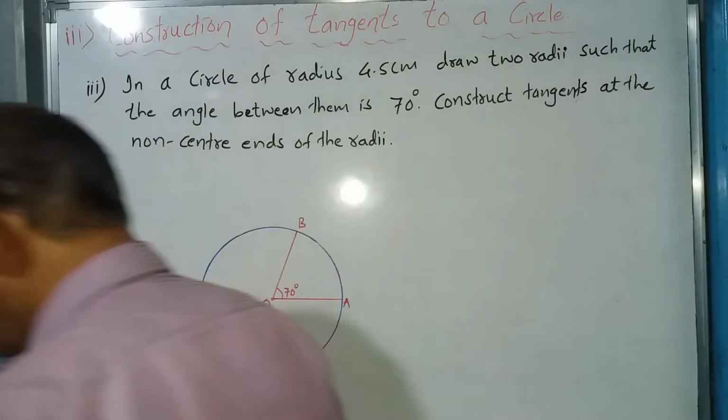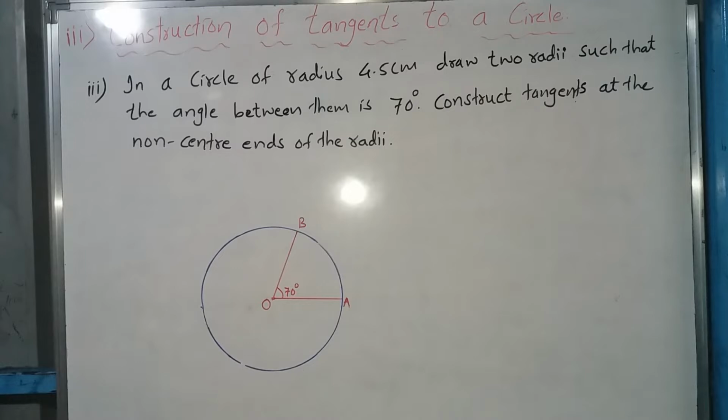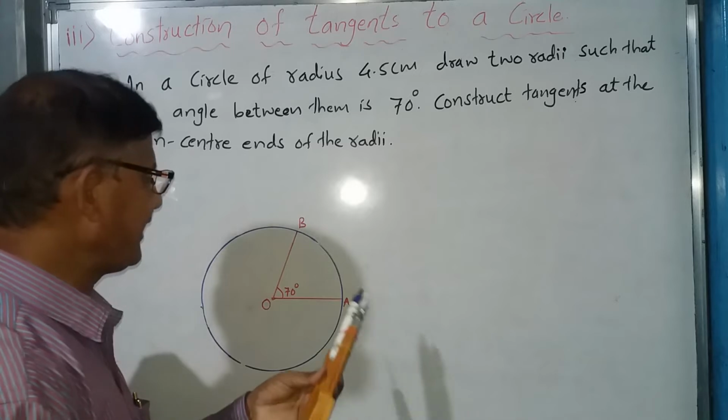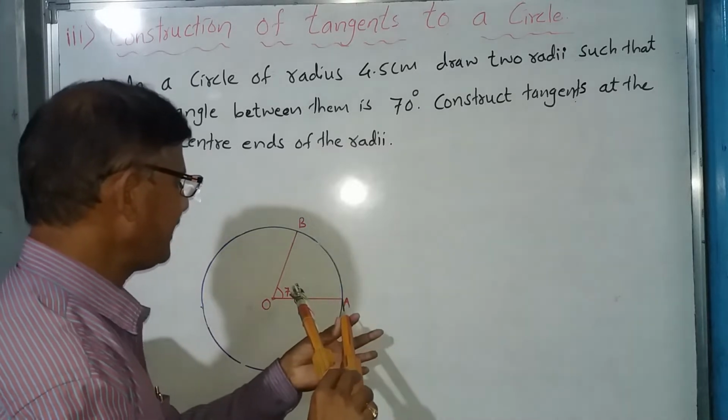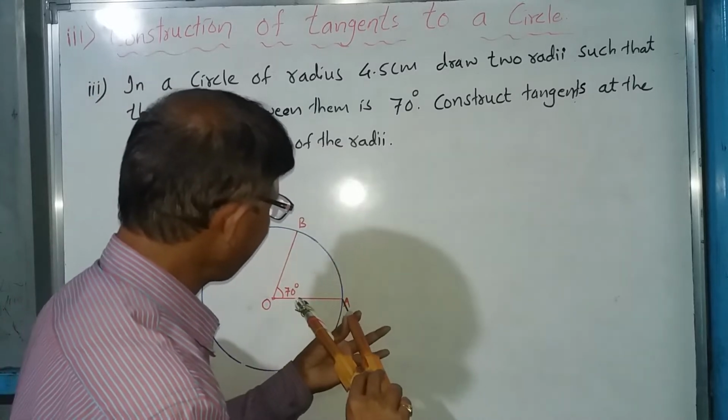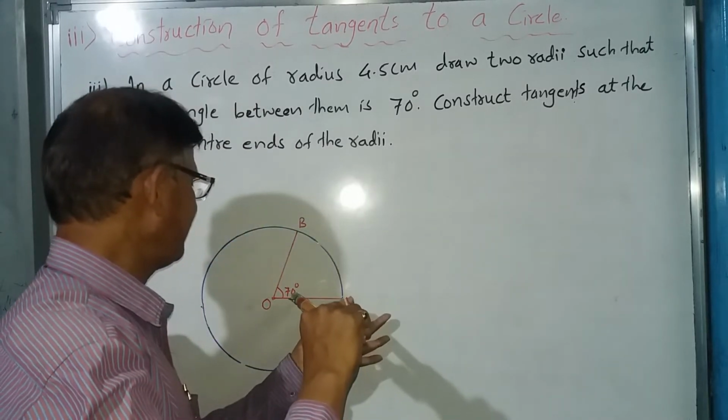Anyhow, both the points are on the circle, and everybody knows how to draw the tangent if the point is on the circle. The procedure is again the same. Keep the compass at the point, take any radius, and draw a semicircle. You are very good at this.